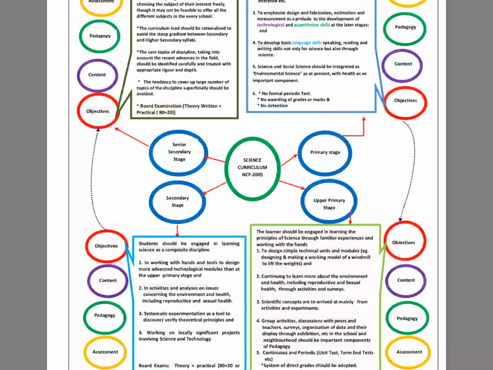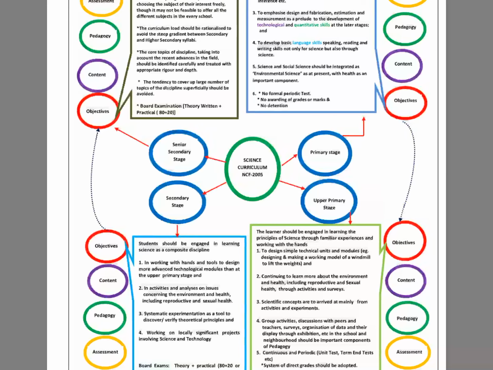In the syllabus, it is already mentioned about the aims of teaching either physics, biological science or chemistry at the senior secondary stage, and its linkages with the upper primary and secondary stages of school education.